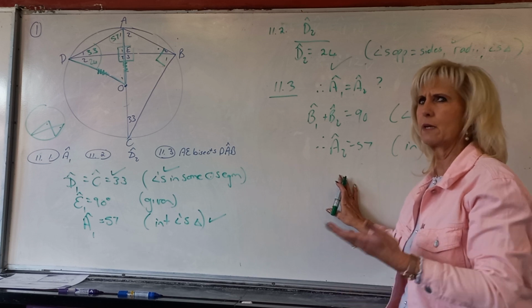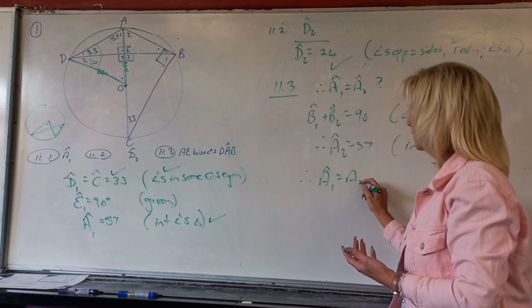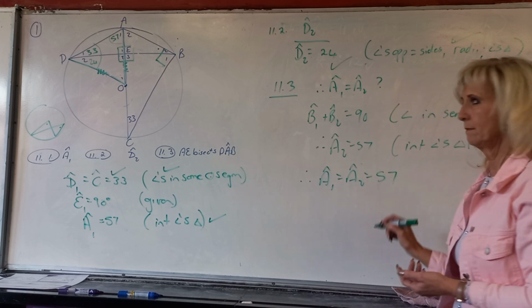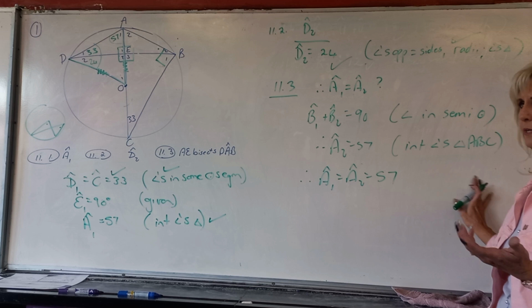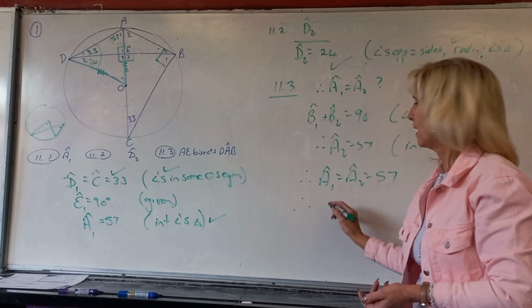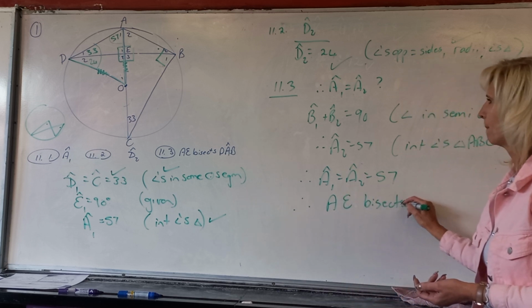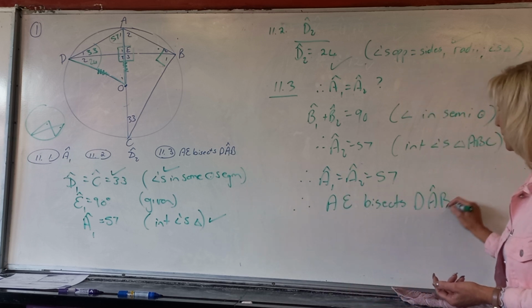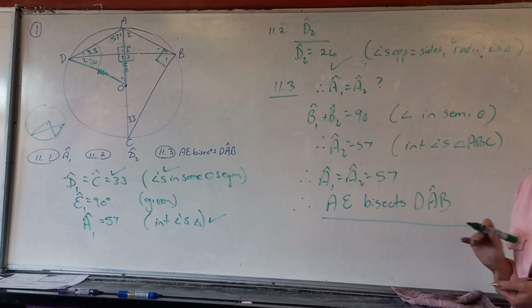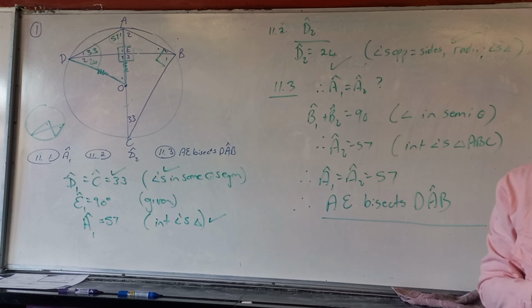No. So it doesn't answer the question. That means that A1 and A2 are both 57 because I've proven it, no reason needed. But answer the question. AE does bisect DAB. Please answer the question. You've actually done it, but answer the question. Right. So the next 2 for the next time.